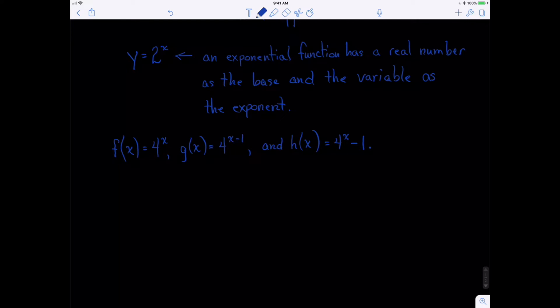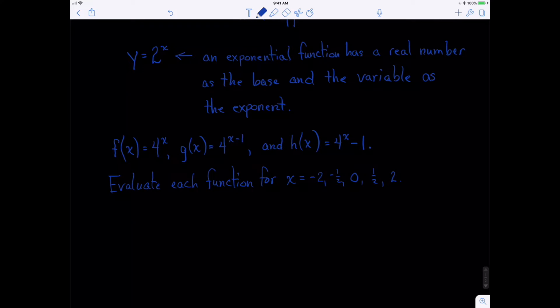So we're going to evaluate these. Let's evaluate each function for x equal to -2, -1/2, 0, how about 1/2, and finally 2.